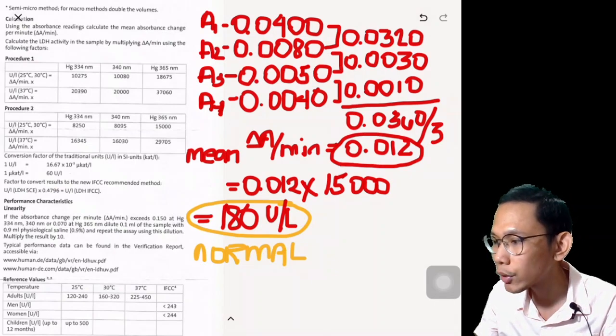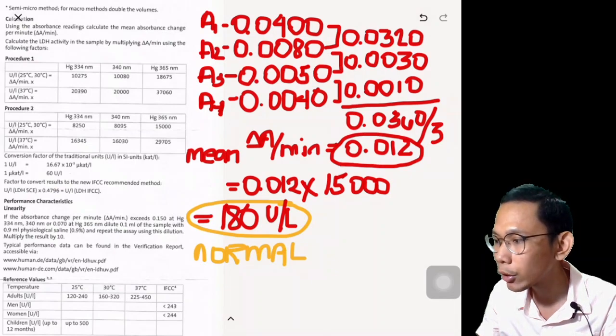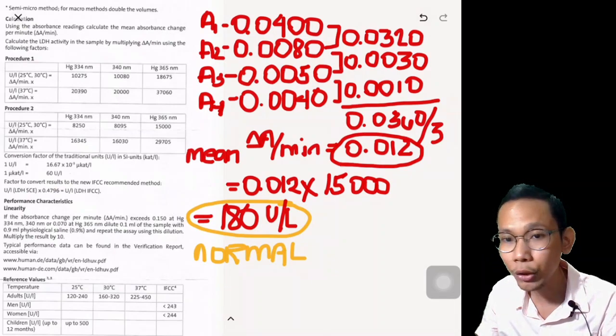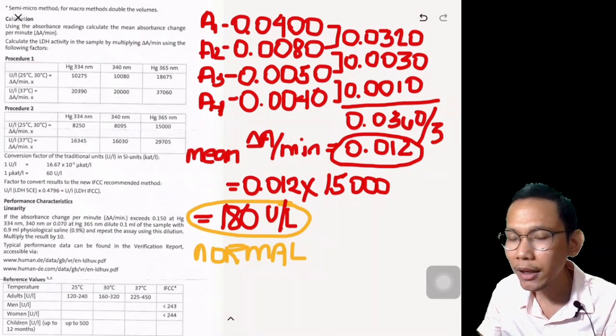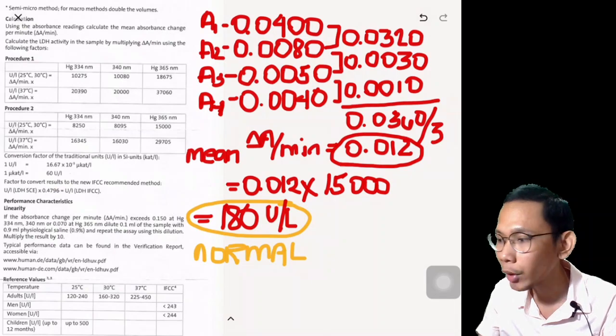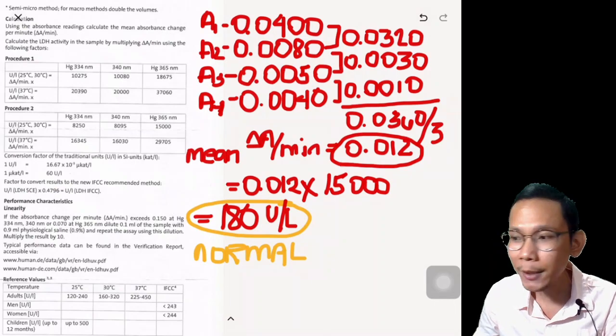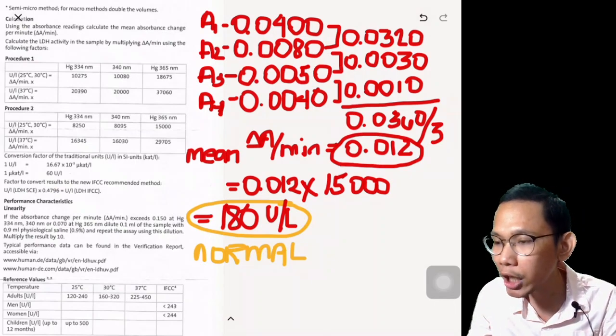Your 0.0080 minus 0.0050 is 0.0030. Next, the third absorbance minus the fourth: 0.0050 minus 0.0040 is 0.0010.